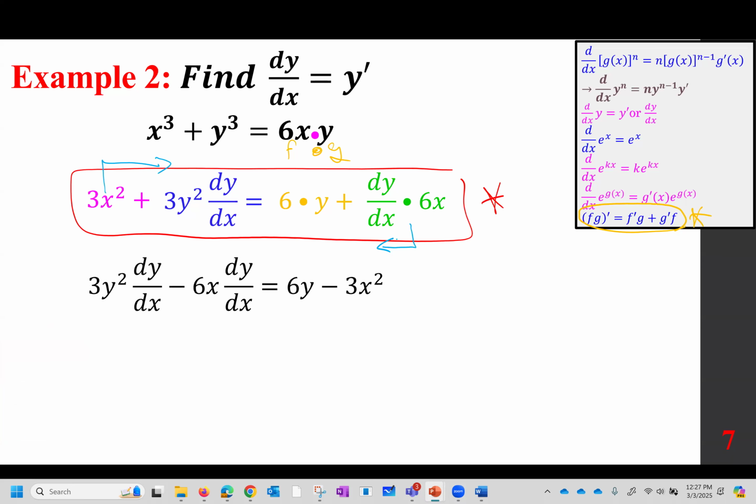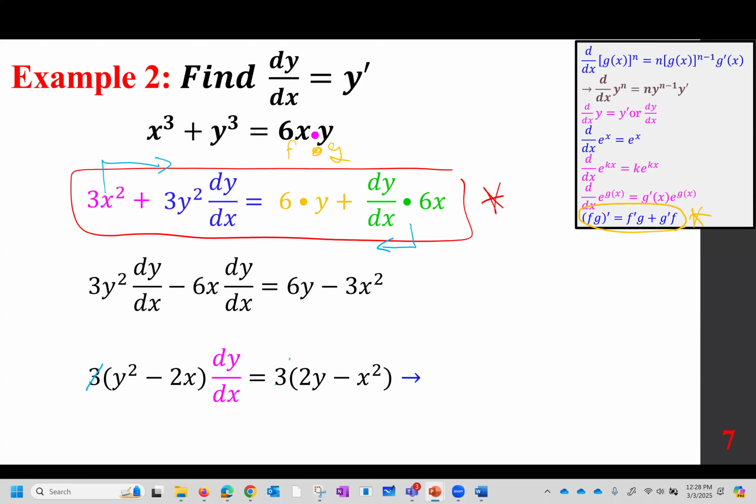And each one takes a negative sign. Remember, we are solving for dy/dx. So on the left side, we notice we can factor the 3 out, times y squared minus 2x. The right side, also we can factor the 3 out. We get 2y minus x squared.